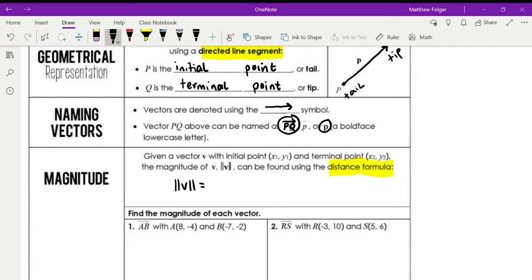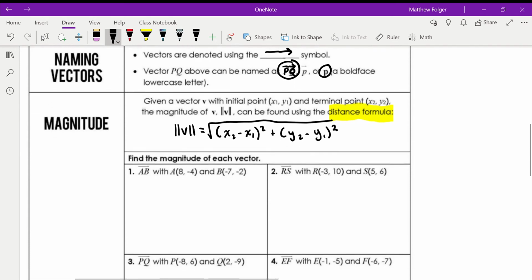This magnitude is symbolized by two lines on either side of the vector. So this means the magnitude of vector v equals, and then let's write this down. It's going to be the square root of x2 minus x1 squared plus y2 minus y1 squared. That is just the distance formula, except instead of d over here, we're writing magnitude of v. You can use that to find the magnitude of any vector.